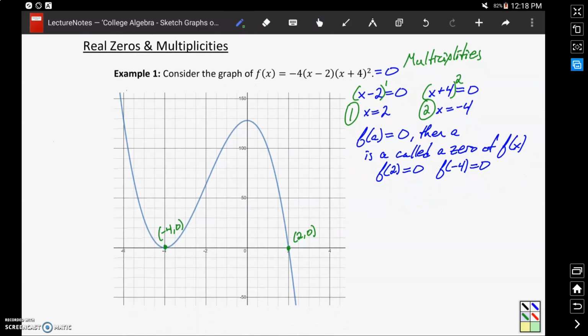Whenever we have an even multiplicity for our zero, what we'll see is a case where our graph touches the x-axis, and anytime our zero has an odd multiplicity, our graph will cross over the x-axis.